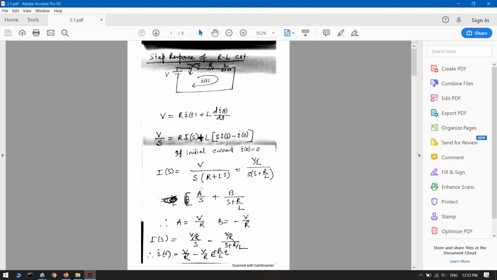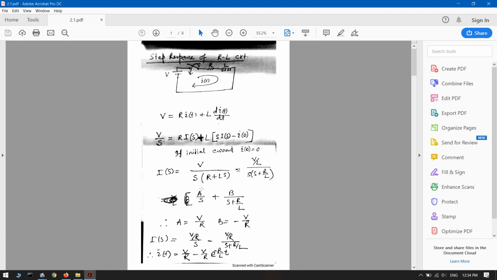Here we have considered that the input is a step function. If the input is a ramp function, then we can call it the ramp response of the RL circuit. If the input is sinusoidal, then we can call it the sinusoidal response of the RL circuit. If the input is an impulse function, then we can say the impulse response of the RL circuit. Why RL? Because it has only two components, R means resistor and L means inductor.